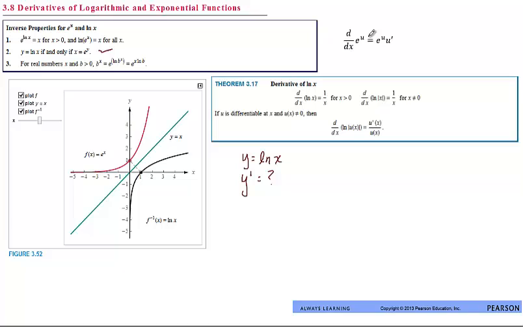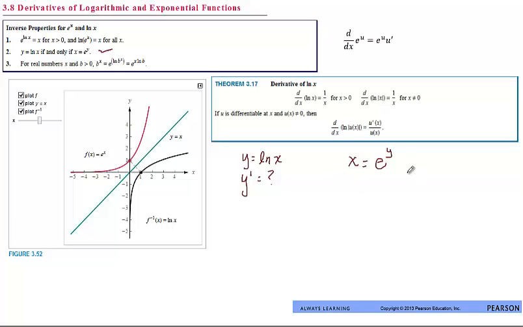So it's e raised to some function of x. I can write y equals natural log of x using that inverse property 2 as x equals e to the y.